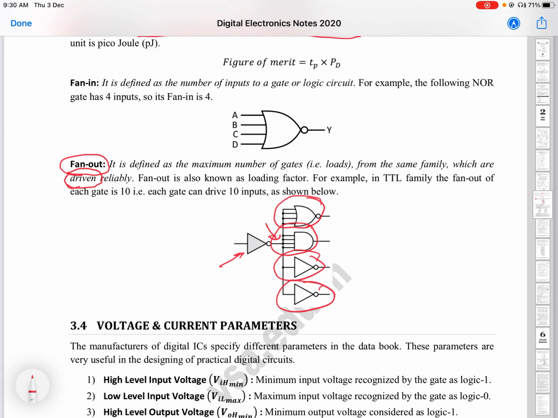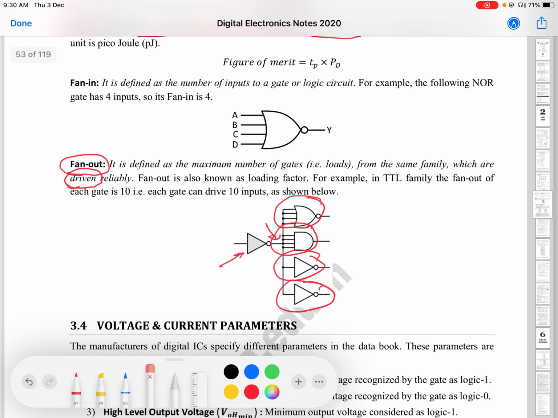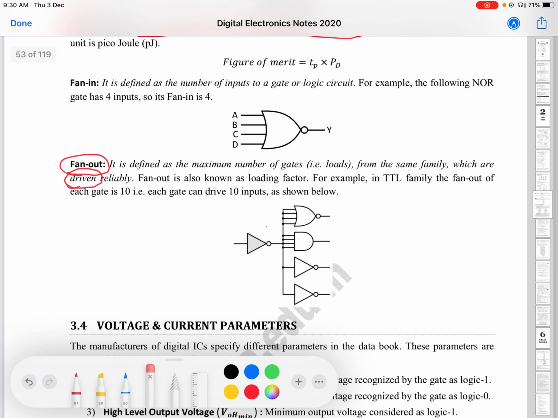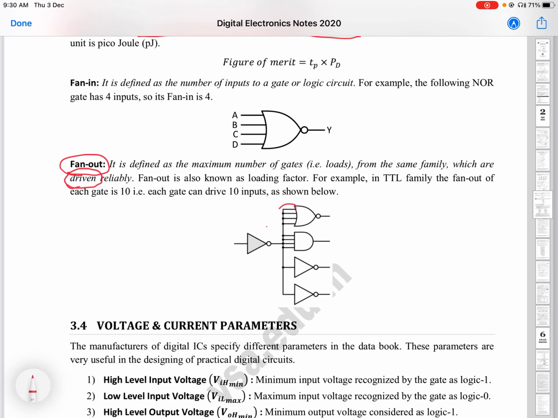Here there are 4 input terminals, here there are 4 input terminals, then the 1 and then the 1. So 4 plus 4 plus 1 plus 1, that is 10 input terminals are being driven by only a single NOT gate output.